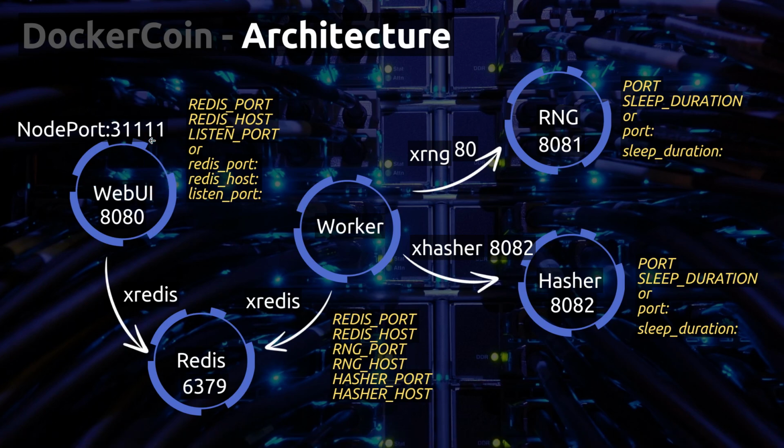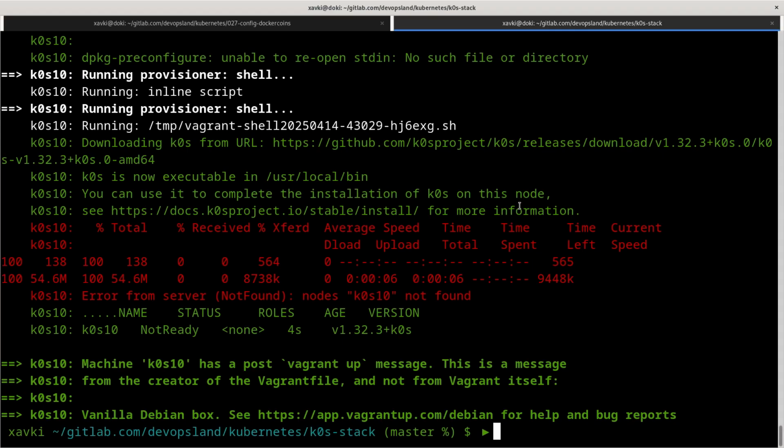So make just a little pause, try to translate each element, so the mapping, each DNS like that, the port that we want to use, like here and here, and also the sleep duration, but you can change the sleep duration as you prefer. So let's go to the first example with RNG, and we want of course to use xRNG.